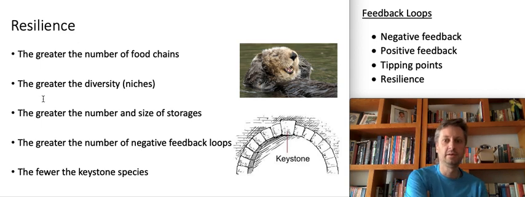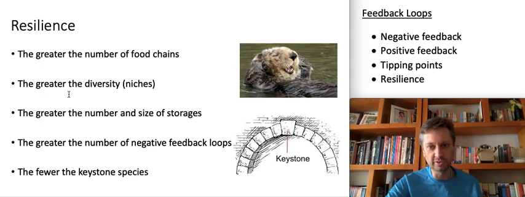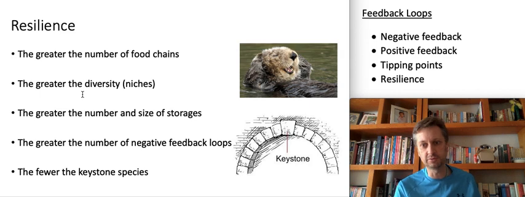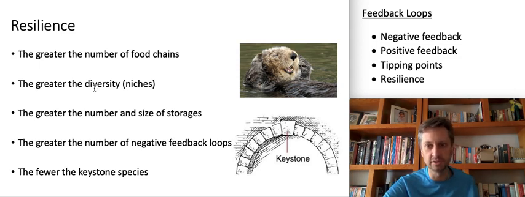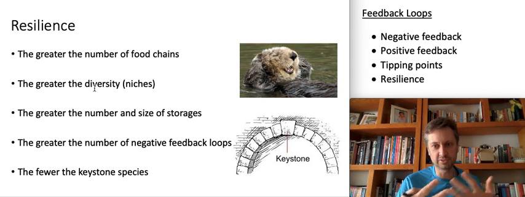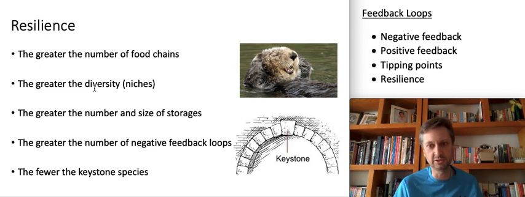All right, more food chains, more diversity or more biodiversity, so more species. So the most biodiverse systems on Earth probably occur in tropical rainforests, specifically the Amazon. You have huge biodiversity, so therefore it links back to the first one. You've got more complex food chains and you have more resilience.